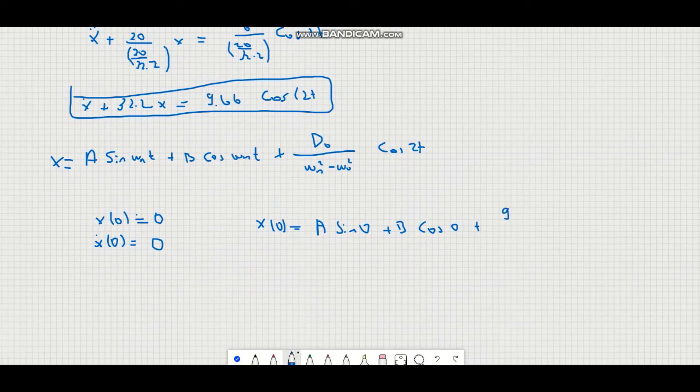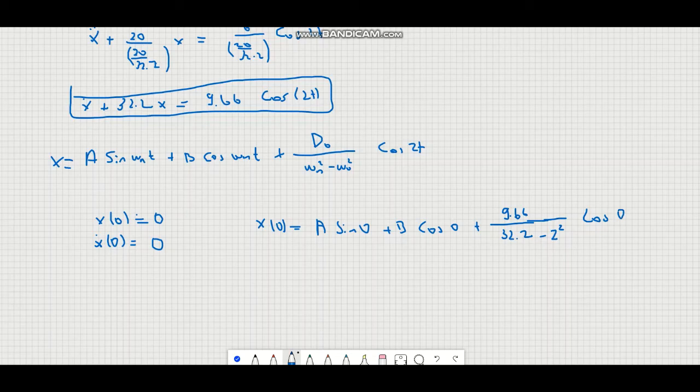So 9.66 over the natural frequency squared, which is 32.2, minus the forcing frequency squared, which is 2 squared, and cosine 2t is cosine 0, right?